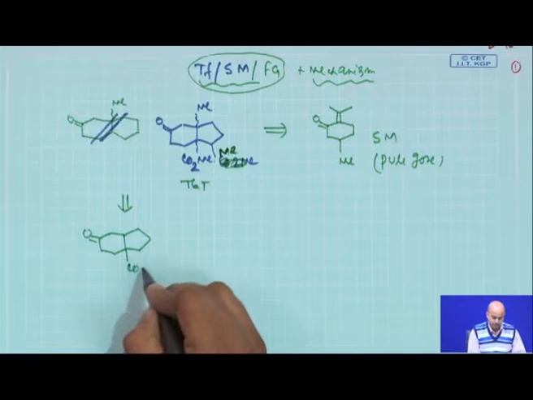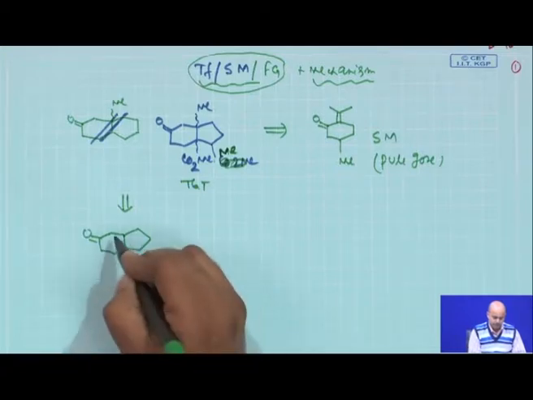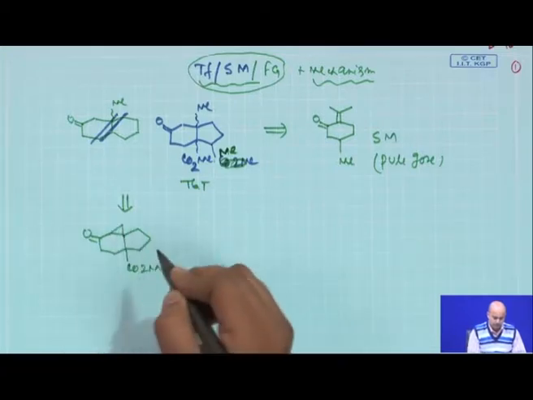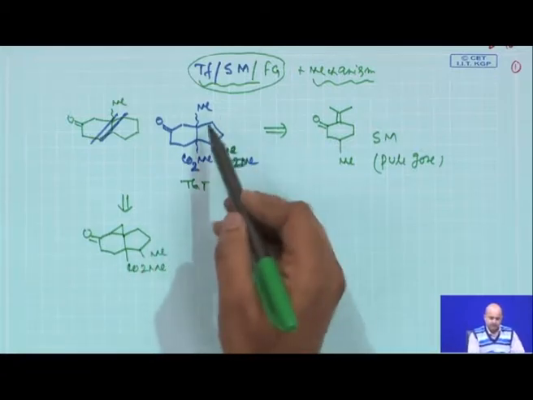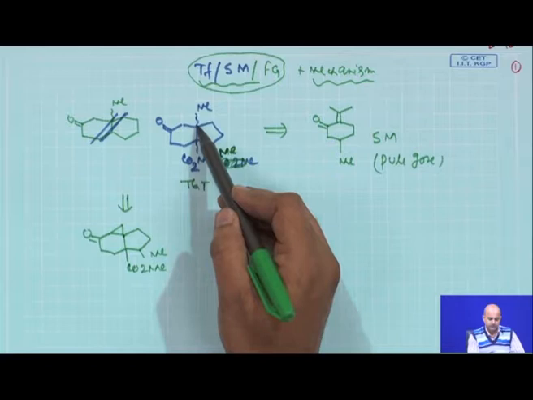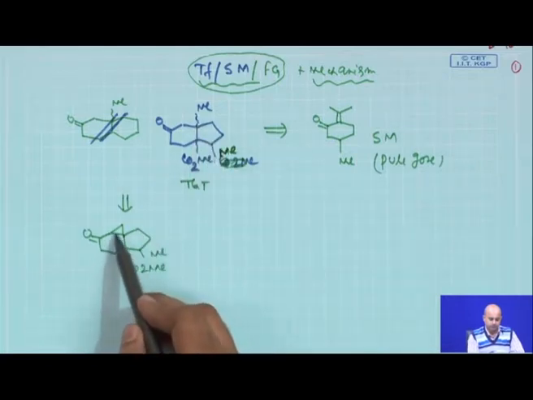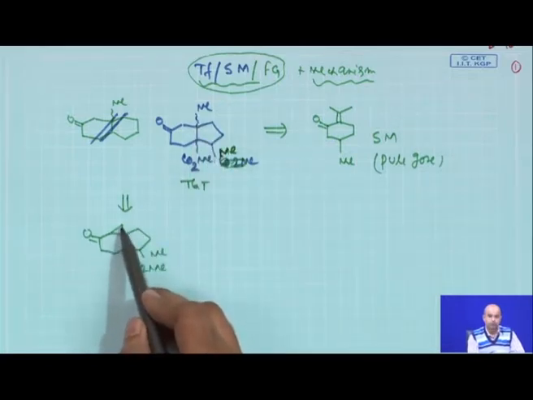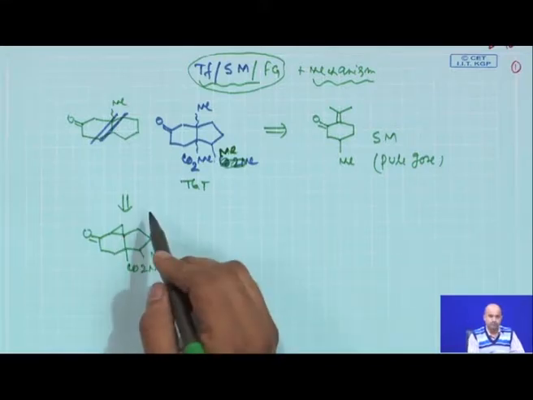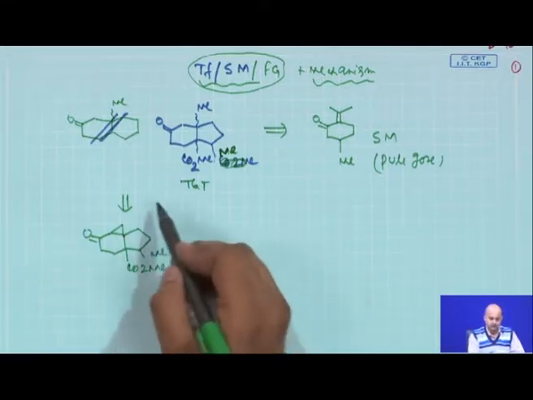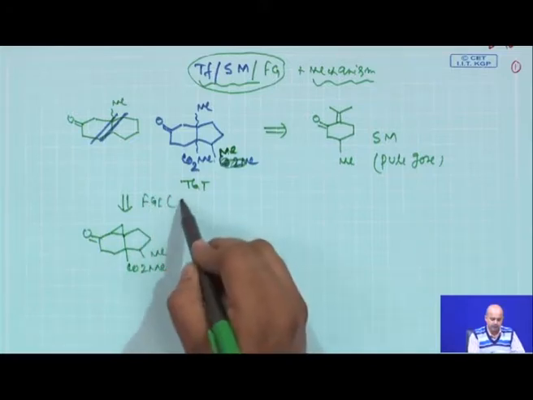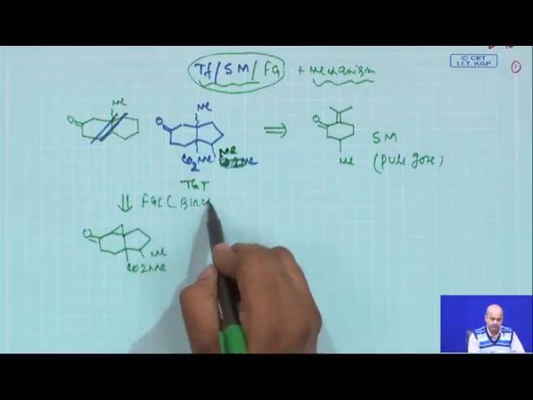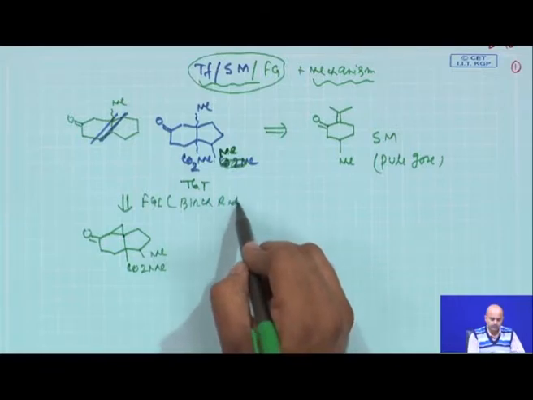Now, I say if you have this molecule, this angular methyl we will be trying to introduce through a cyclopropane cleavage, the mechanism which we just explained in the earlier slide, by a simple FGI through a Birch reduction or sodium liquid ammonia reduction.